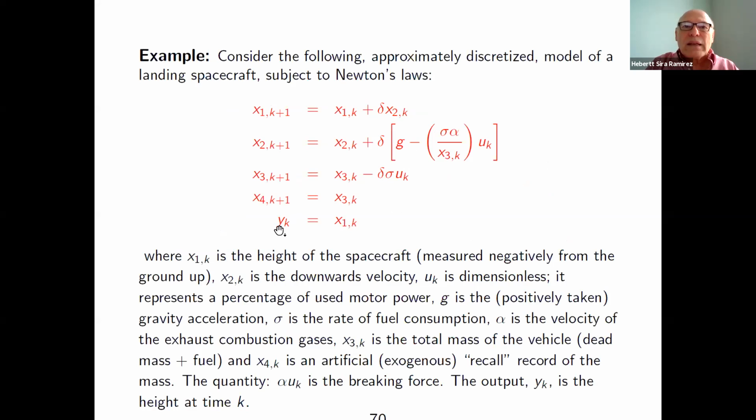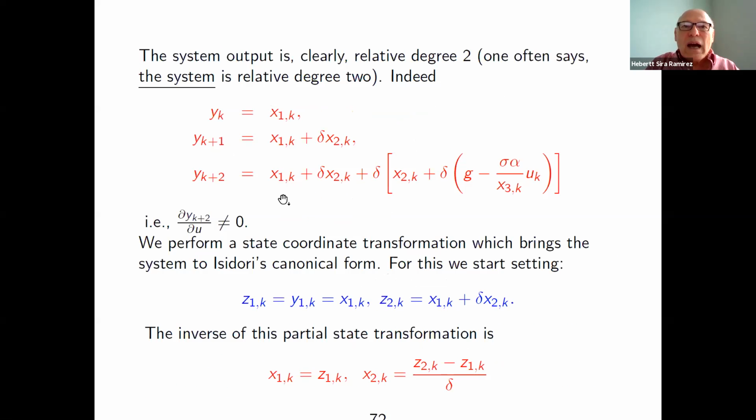So this is the first advance of the output, and the second advance of the output, if you go through the equations, already contains the presence of the input. So this system is relative degree 2. You only need 2 advances of the output to have the input explicitly appearing in the computations. So the second advance of the output has a partial derivative with respect to u which is non-zero, and that means the relative degree of this system is 2.